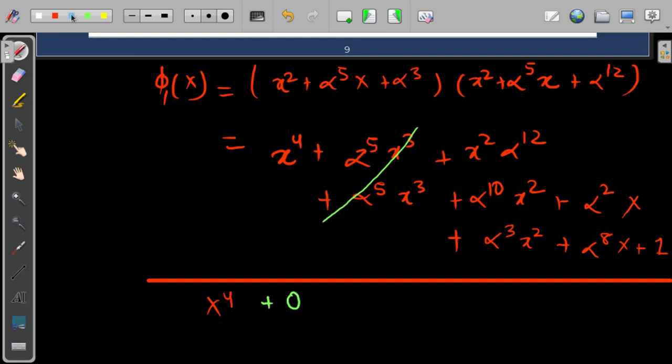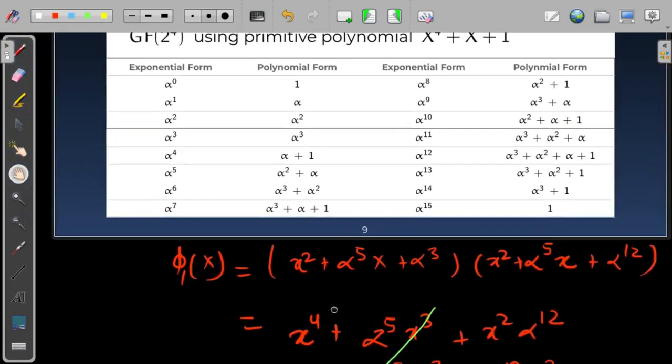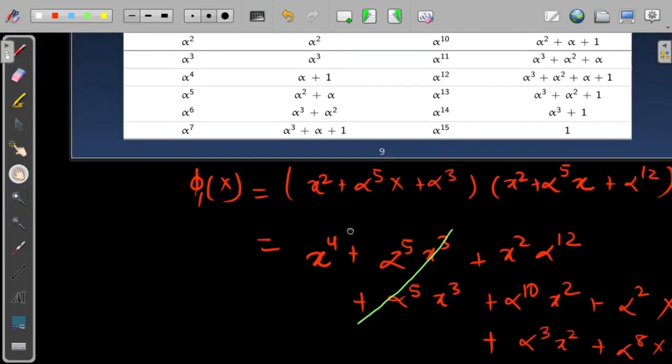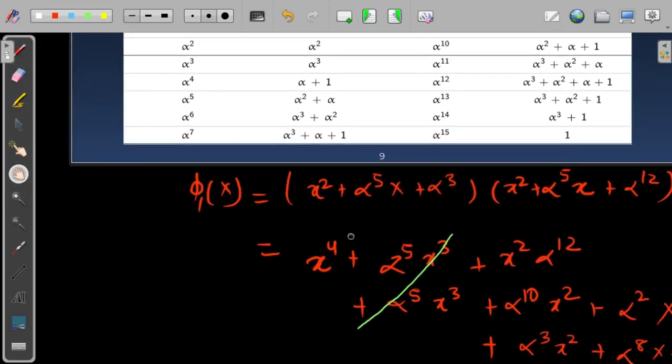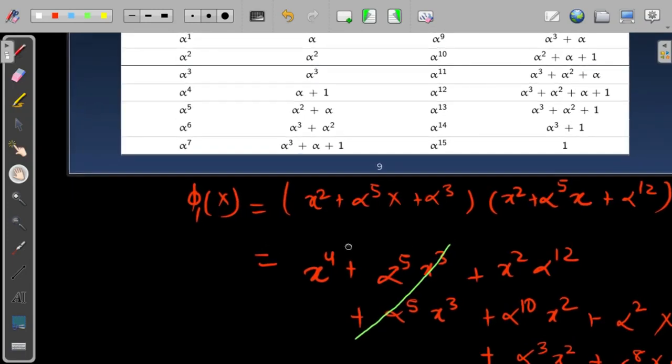Now with respect to x square, we are actually adding alpha to the power 12, alpha to the power 10 and alpha cube, right? So what is this actually equal to? We have to see the Galois field, and you see that alpha to the power 10 is equal to alpha square plus alpha plus 1, right?